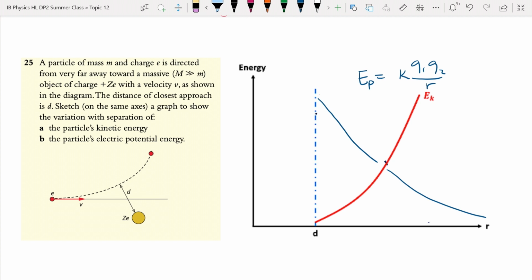Okay, if there are no further questions about this, if you would like the equation for the kinetic energy: the kinetic energy is decreasing, but it has to have a certain maximum. So this kinetic energy doesn't actually look like this either.